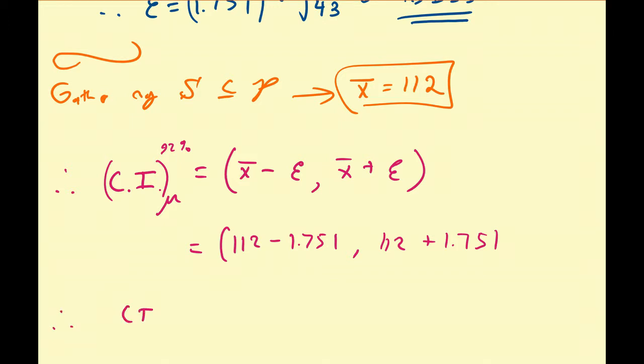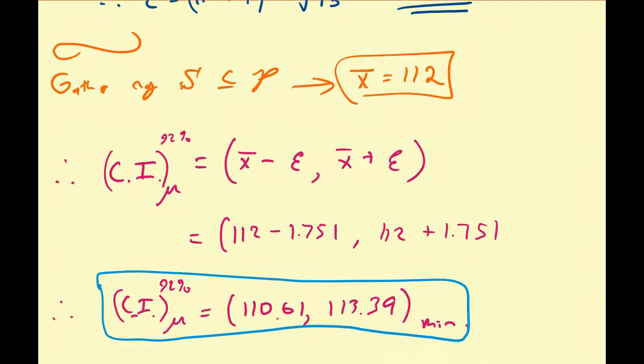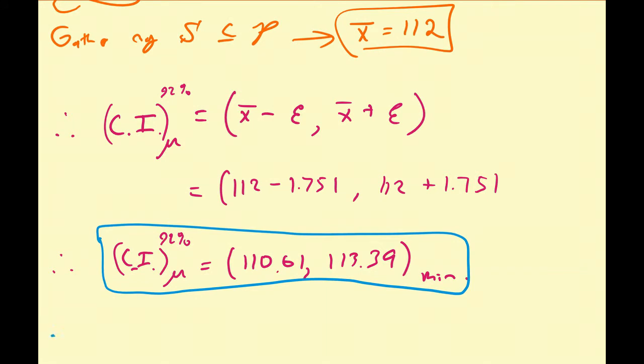So my 92% confidence interval is approximately 110.61, comma, 113.39, and these boundaries are measured in minutes. So this is my 92% confidence interval.